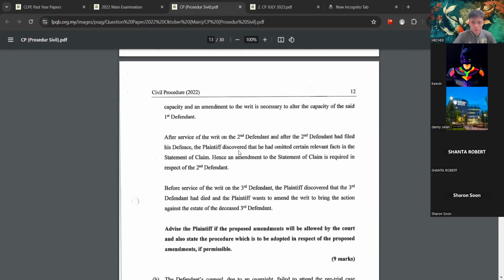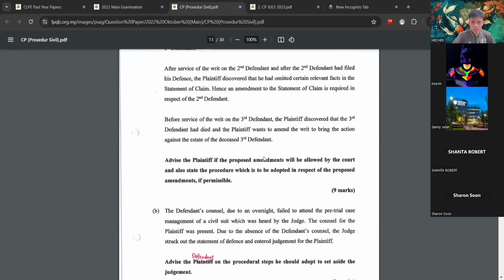second, he wants to include the certain relevant facts in the statement of claim, whether this is allowed.